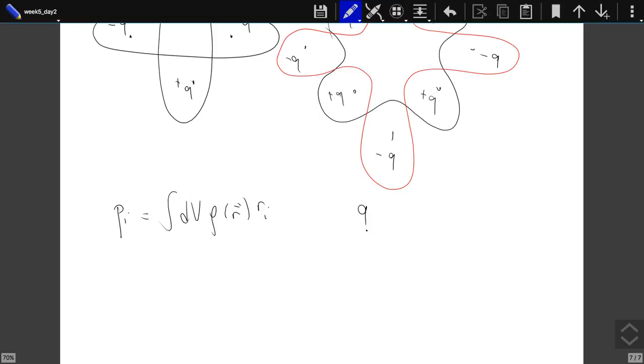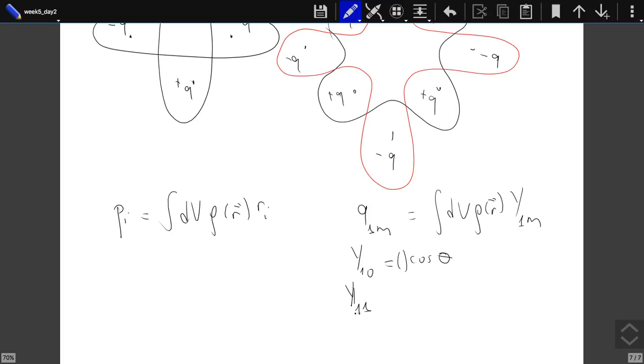But let's say Q_1m. How did we define Q_1m? Integral dV rho of r Y_1m. This is the dipole moment also, right? Now let's start with Y_10. What was Y_10? Something times cosine theta.